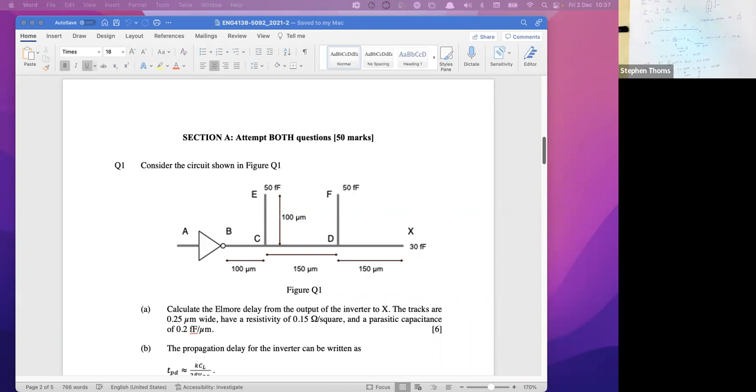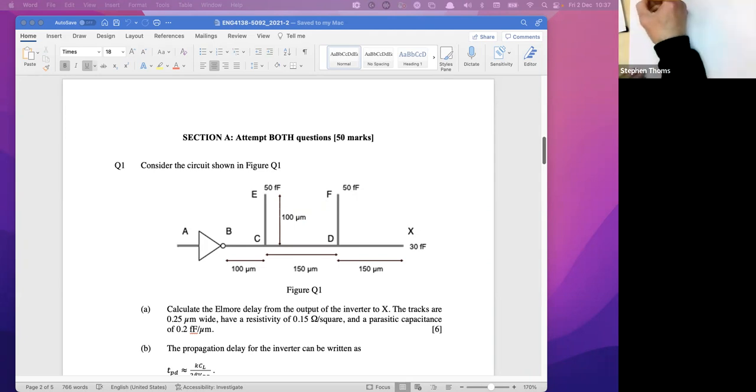Once you've done that, what we need to do is to put it into the equation, and then the answer should just come out. So the equation, if you remember, is a load of RCs, but at each node, so to charge up each capacitor, we've got a bigger resistor.